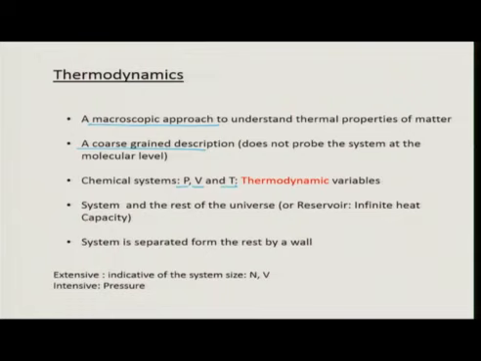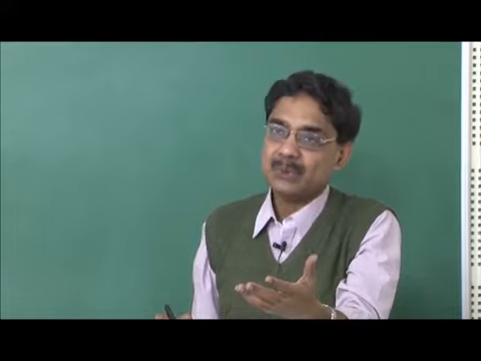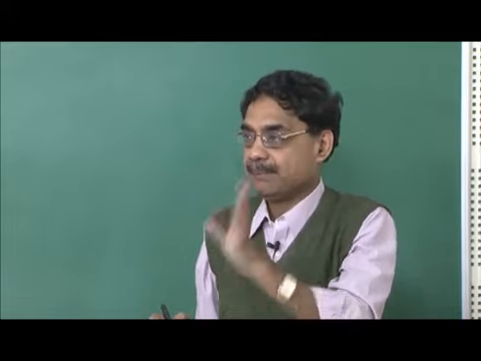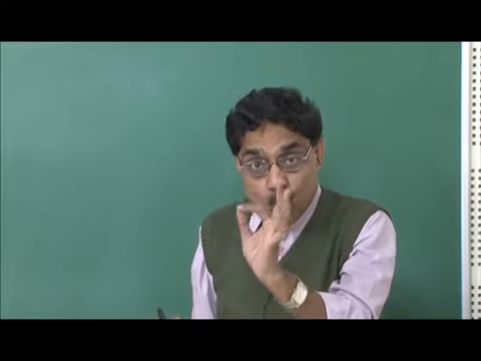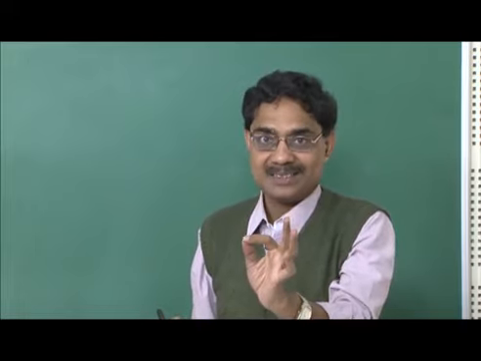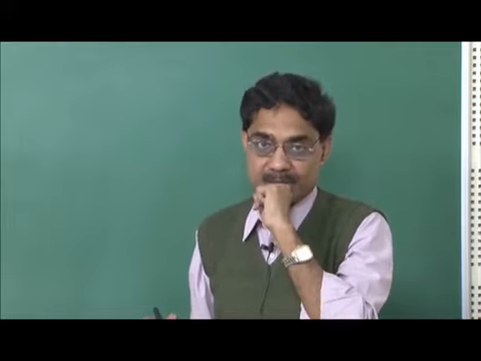Remember, in kinetic theory also, we are talking about average speed, average velocity, but eventually everything was connected to pressure, volume and temperature. So, kinetic theory had its own definition of temperature, that is given in terms of average kinetic energy of the molecules.